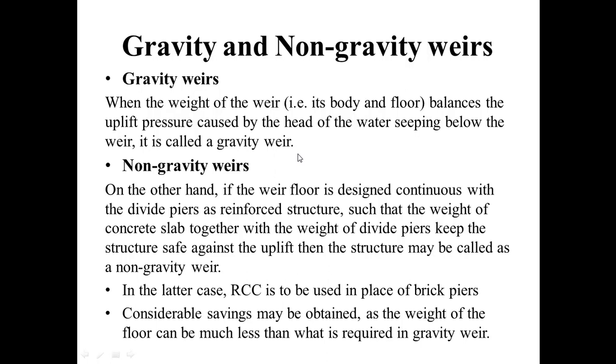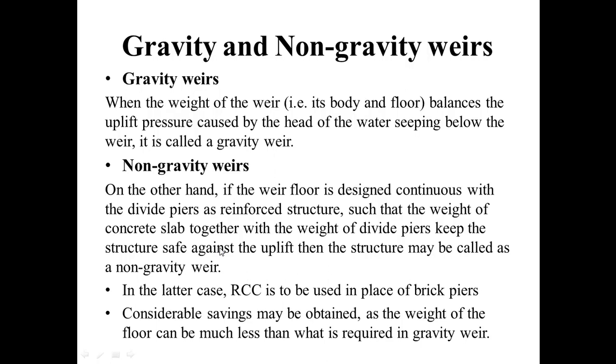In the case of non-gravity weirs, RCC is to be used in place of brick piers because they have to be properly designed, whereas gravity weirs are not properly designed and are made of stones or bricks or only PCC concrete.